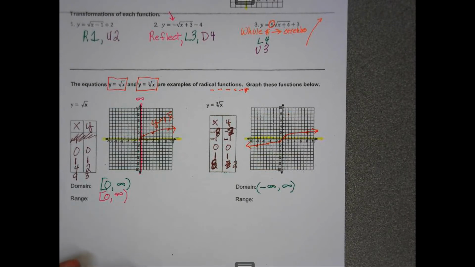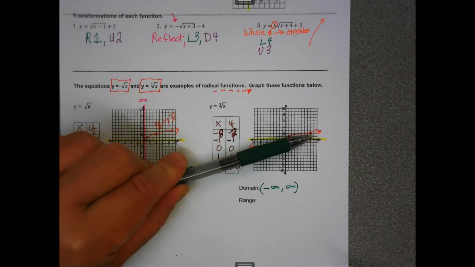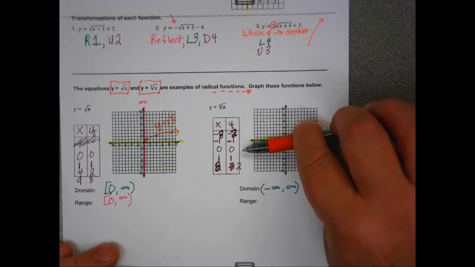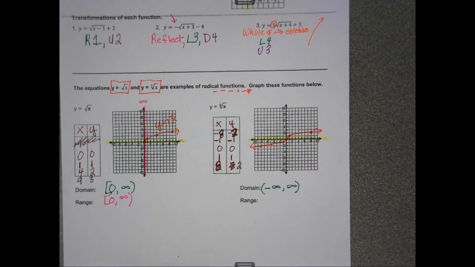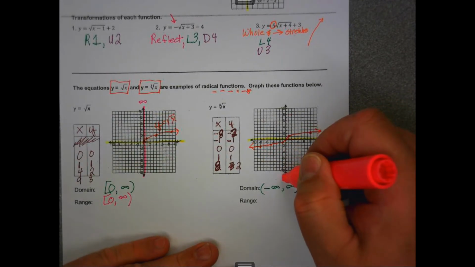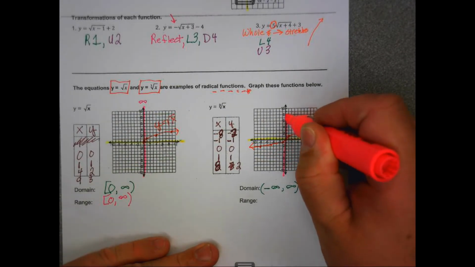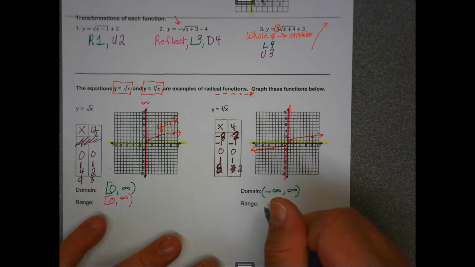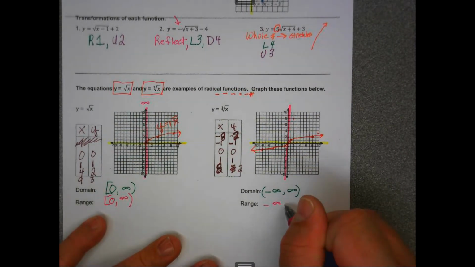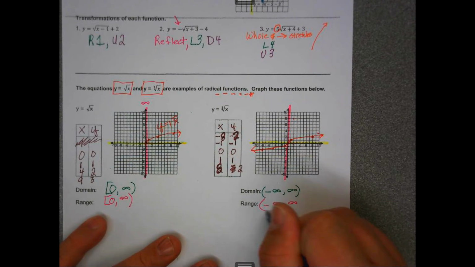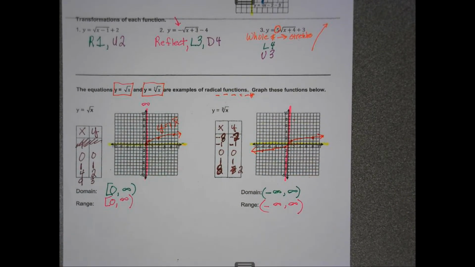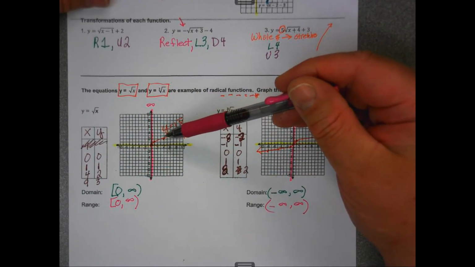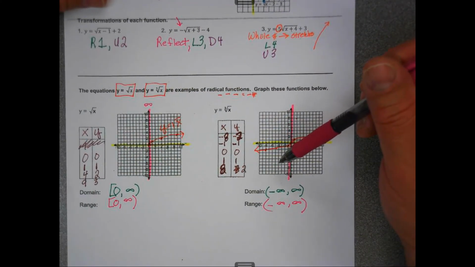Now my range, think about this. This is kind of going up on an angle here, down on an angle here. So again, it's going to use all the numbers. Negative infinity to positive infinity. So those are the parent functions, square root of x and cube root of x.